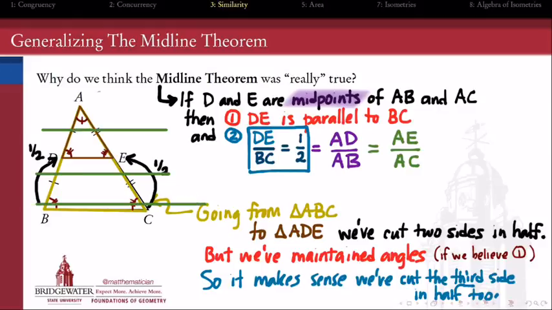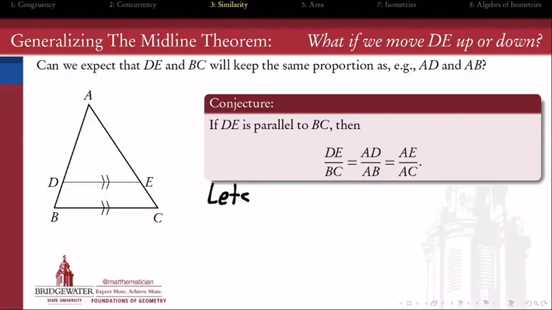What if I move that line up or down in such a way that I'm still maintaining its parallelism to BC, because we're going to need that parallelism to make our conclusion here, but we're not necessarily cutting the sides in half? We're cutting them in different proportions than before. Can we generalize the midline theorem?